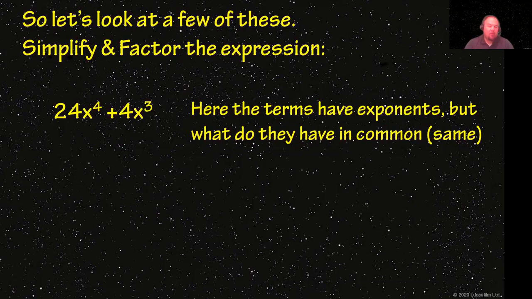Now, a lot of times people say, well, they have an x, but not just an x. How many x's are there? In the first term you see there, 24x to the fourth power plus 4x to the third power. So the first one has 4 x's and the second one has 3 x's.